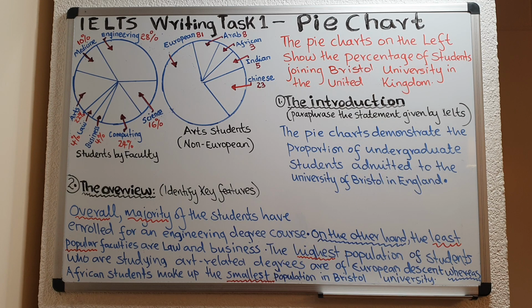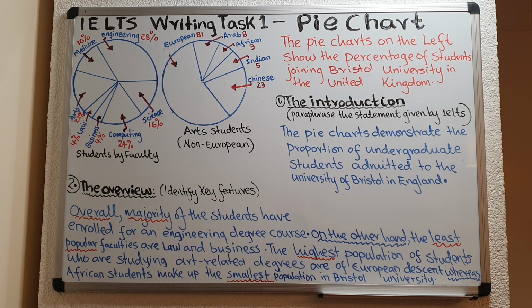So on the one hand, we have a pie chart that gives us details about the students who have been admitted to the University of Bristol by faculties, that is, by the degree courses that they have registered for. And then the other pie chart gives us more details about where the students are actually coming from.